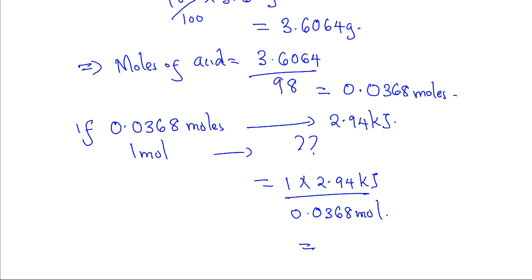That gives 79.891 kilojoule per mole. That is the enthalpy of dissolution of sulfuric acid. So because it is an exothermic reaction, the value is negative. And that is all about enthalpy of dissolution.